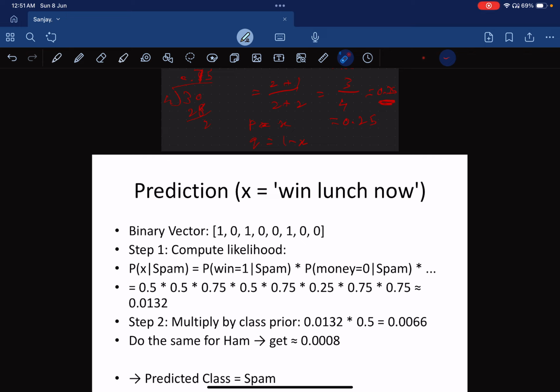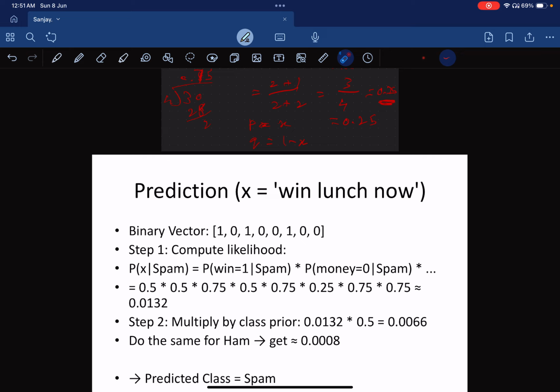If a word like money is not in the message, what is the probability that money does not belong to these classes? If the word isn't contained in the given text, we don't need the probability of a word that belongs to that class. For example, the message is "win lunch now", and money is not present.